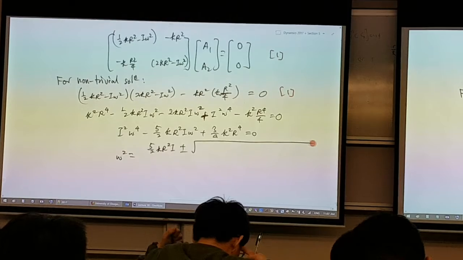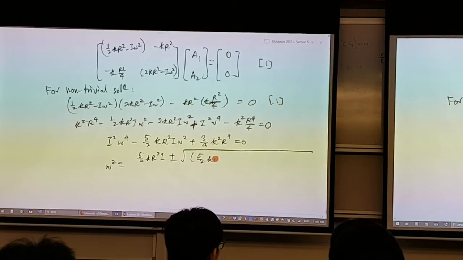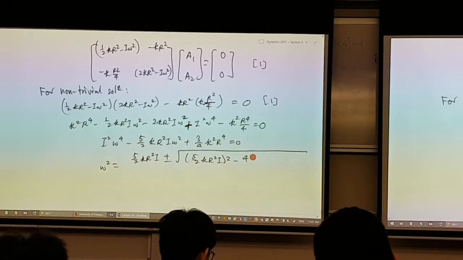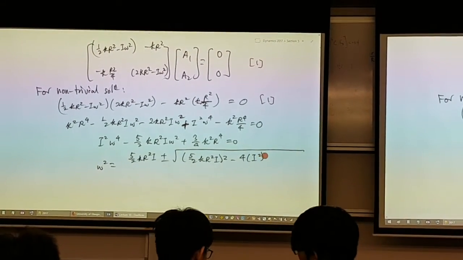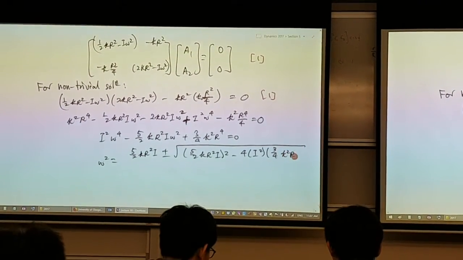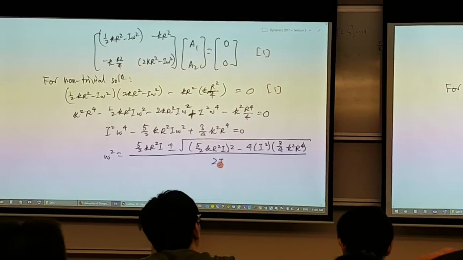Plus minus 5 over 2 kr squared I squared minus 4 I squared 3 over 4 k squared r to the power 4, divided by 2I squared.